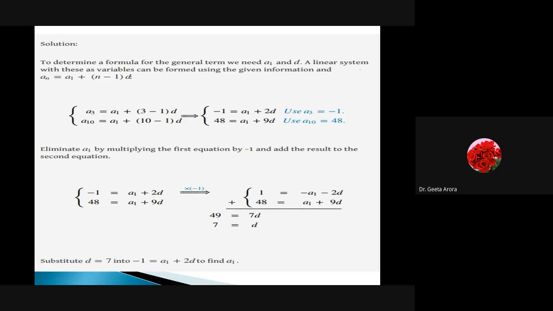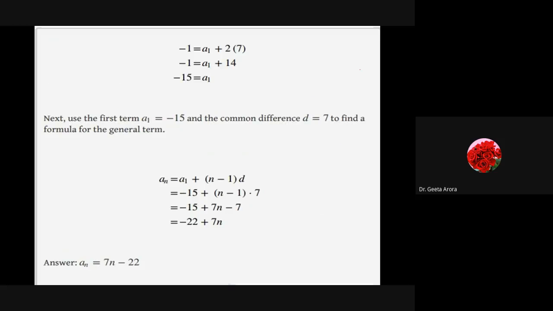So let us start with the whole procedure. Here it's already given as a solution. If you have understood what we have discussed, it's fine. Otherwise, you can go through the whole solution, and it is giving us the same thing. It means what we have calculated as D, and when D is calculated, we have used it to get A1, giving minus 15, and hence we have obtained the solution 7n minus 22.